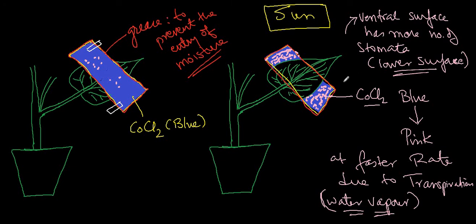I hope you understood this experiment. The aim was to find out which part of the leaf, upper surface or lower surface, has more number of stomata, and we have seen that the dorsiventral leaf has a large number of stomata at the ventral surface, at the lower surface.